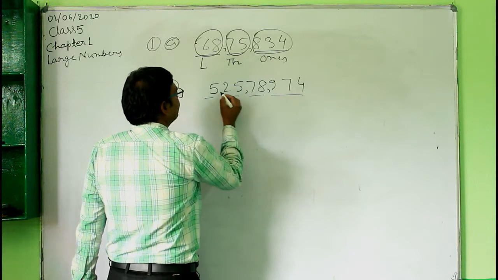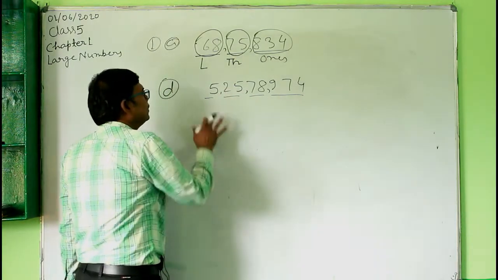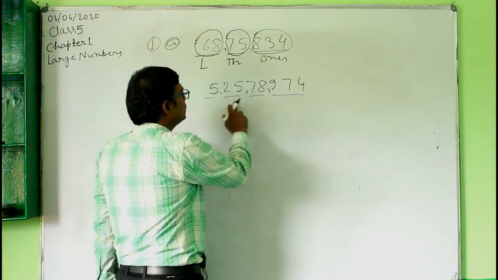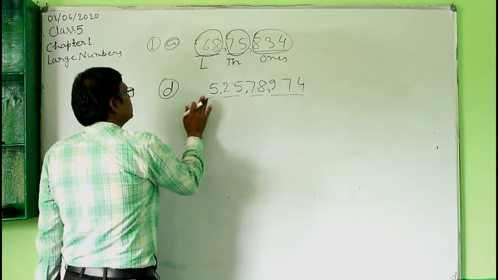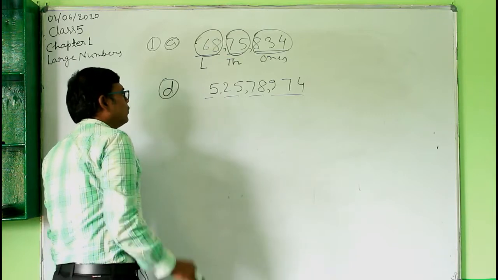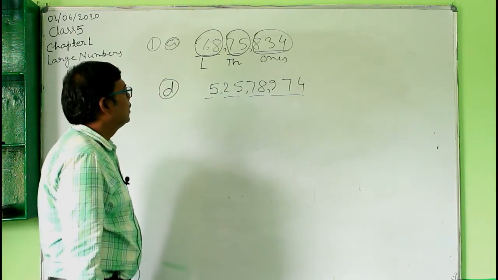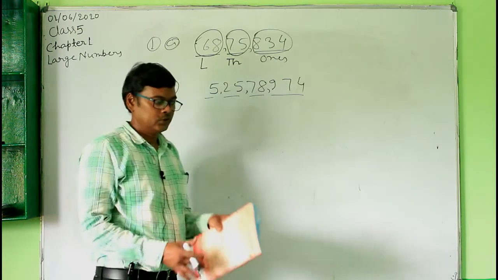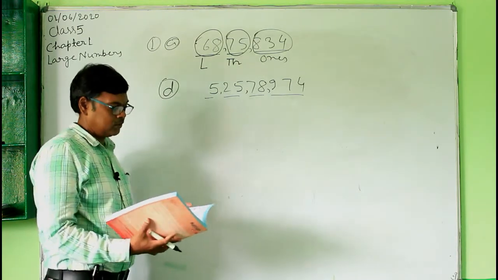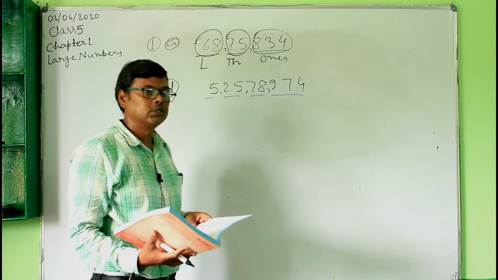So put commas here. This is the thousands, lakhs, and this is crores here. So it will be actually 5 crore 25 lakh 78,974. So this is the answer. And you will solve the remaining questions, B and C, yourself.